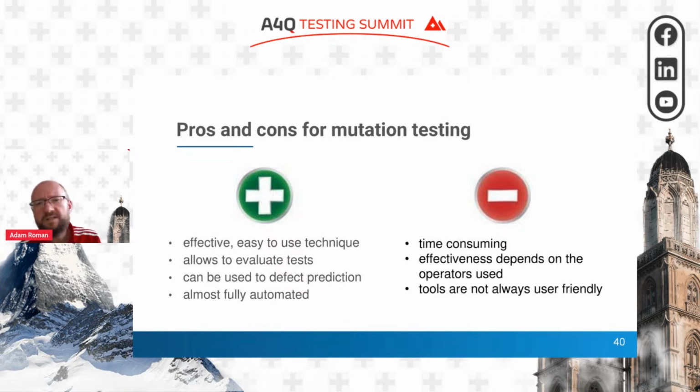This technique is considered in the literature as one of the most effective test techniques. And the cost of introducing a tool in the organization and using this process is almost zero. You just install the tool, put in your existing test cases, run the software, and that's all.